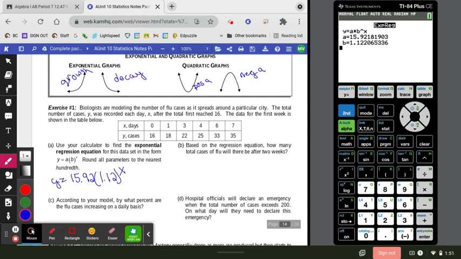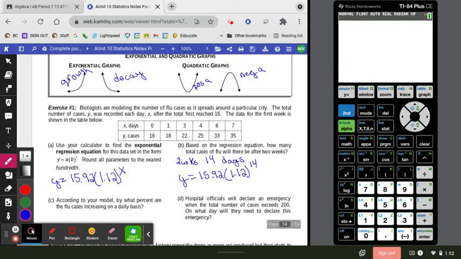Based on my regression equation, how many total cases of flu will there be after 2 weeks? So after 2 weeks is 14 days. So I'm going to do Y equals 15.92 times 1.12 to the 14th power.